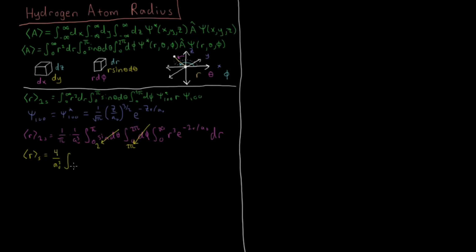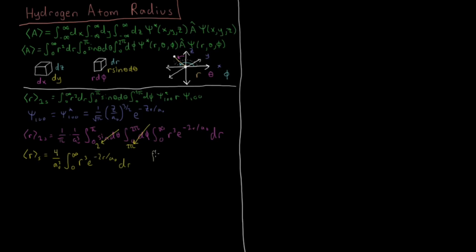And then once again our integral from minus infinity to infinity of r cubed e to the minus 2r over a naught dr. So now we need to figure out how to solve this integral in r.